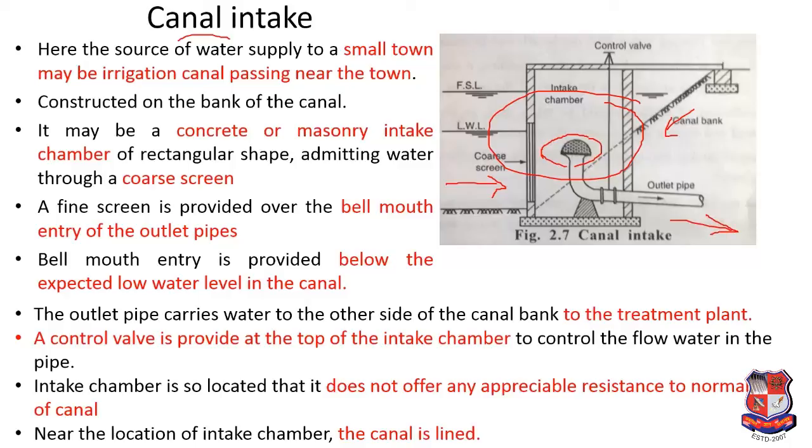As we are providing this in the canal itself, it should not be located in such a position that it obstructs the flow of water, so proper location is very essential. Also, lining of the canal is essential whenever we create such a canal intake.